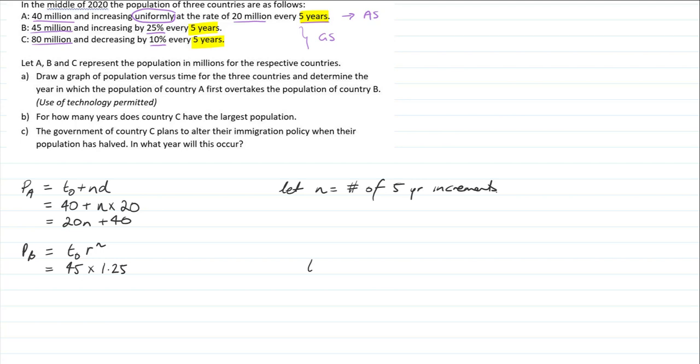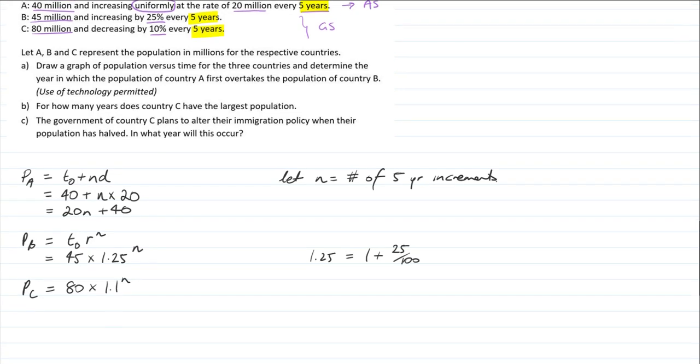So remember, I get that 1.25 is equal to 100%, plus a further 25%, which can be written, of course, as 25 over 100. So I get 1.25 from that, and that's to the power of n. This is now an exponential function, as we talked about in that 13D and E a couple of weeks ago. And then PC, this is equal to 80 times 1.1 to the power of n.